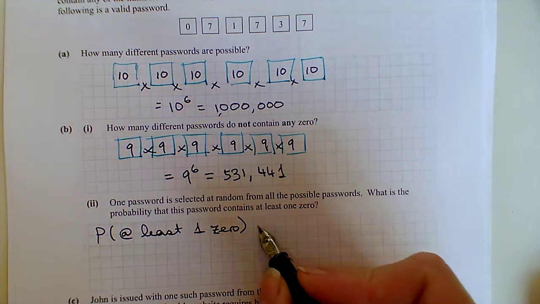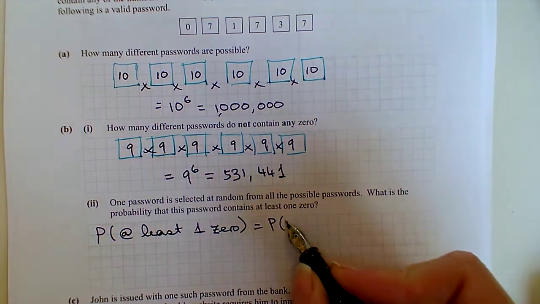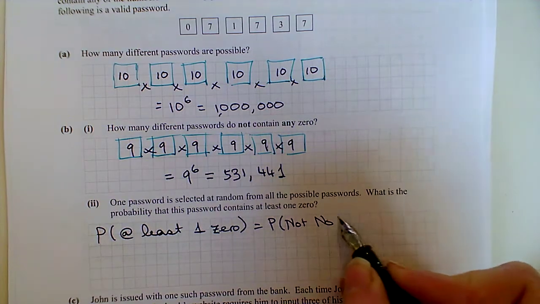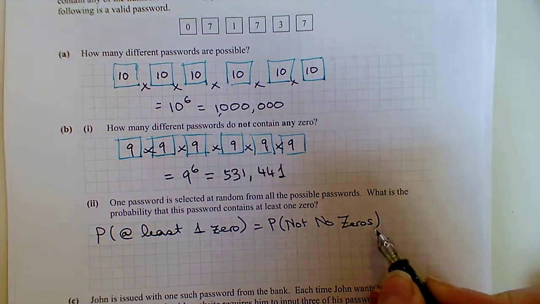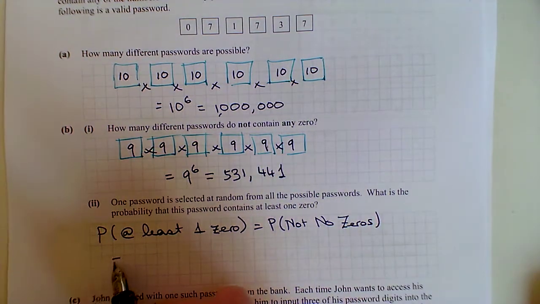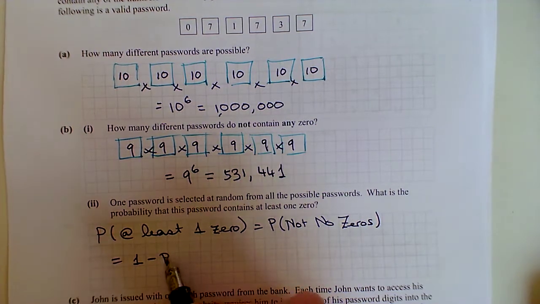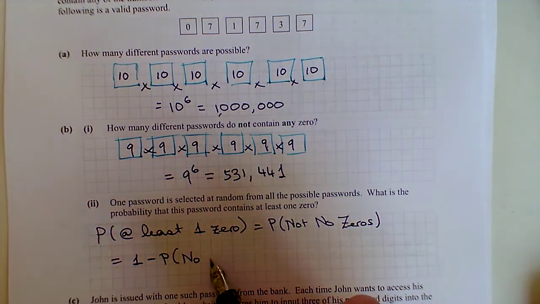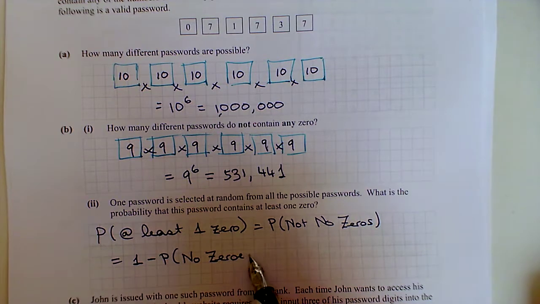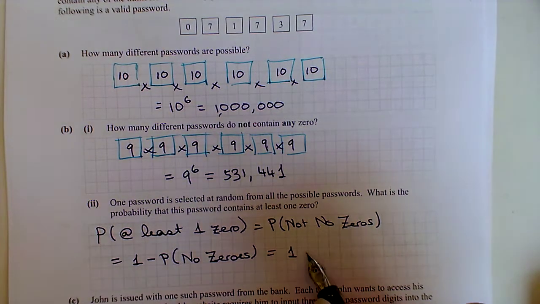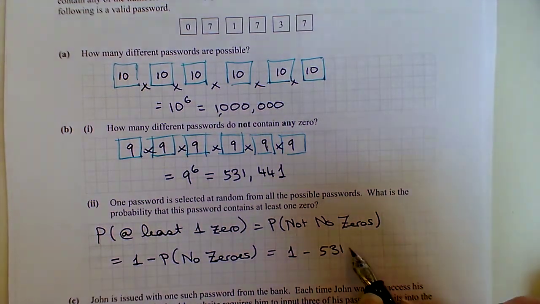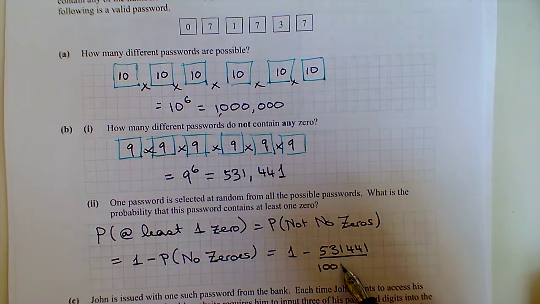So that means it's the same as 1 minus the probability of no zeros. Bit of a confusing question. So this is 1 minus 531,441 over 1 million.